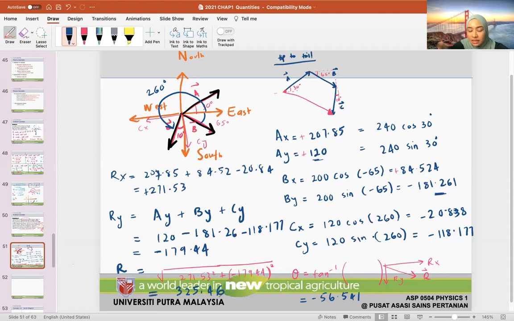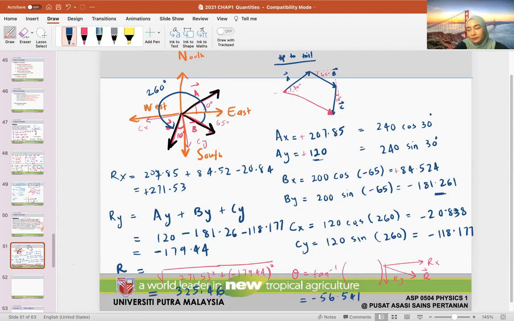Okay, kasih saya a more generalized equation. Apa general equation dia sebelum letak nombor? Bukan nombor 271.53.